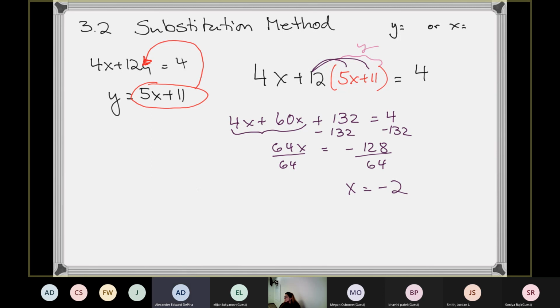I gave this test once, and I had a student who only answered one of the variables. Like x equals negative 2, and then he stopped and went on to the next problem. I think he had a 50 on the test because he had everything right. No, he didn't.